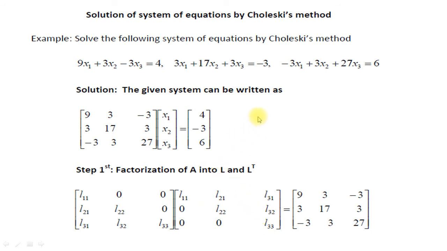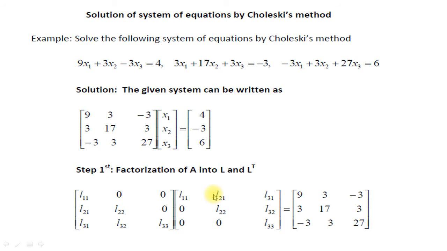And similarly, in the Cholesky method, the diagonal entries of the lower triangular matrix and the diagonal entries of the upper triangular matrix will be unknown, and they will be the same representations: L11, L22, L33, L11, L22 and L33.